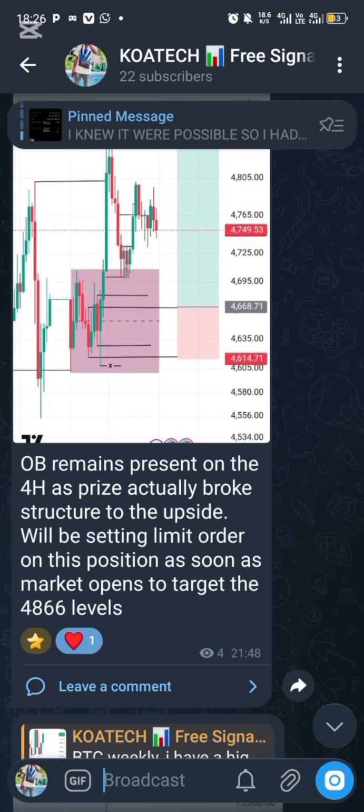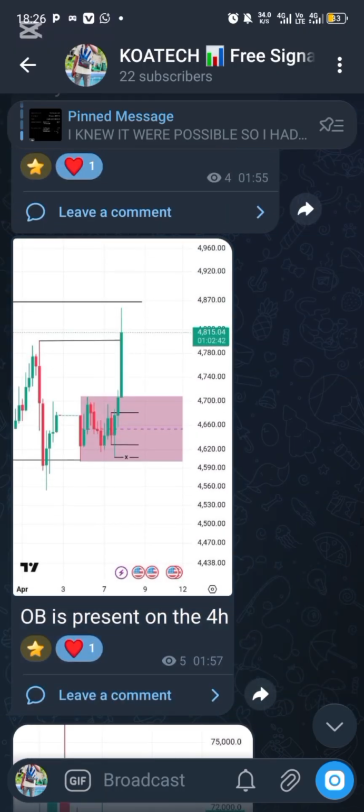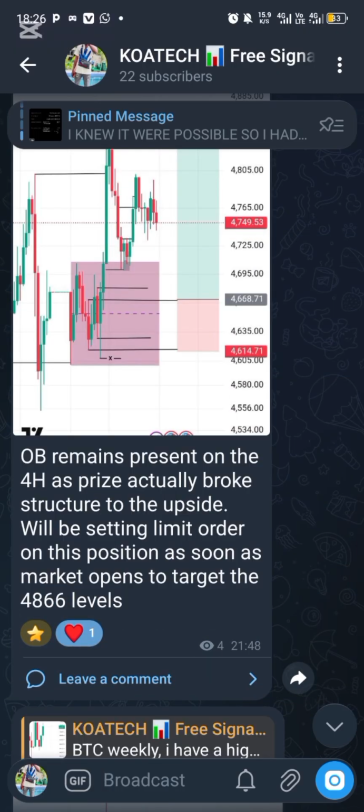Okay, let's start from here. OB is present on the 4 hour as price actually broke structure to the upside. Will be setting limit order on this position as soon as market opens to target the 48.66 levels.